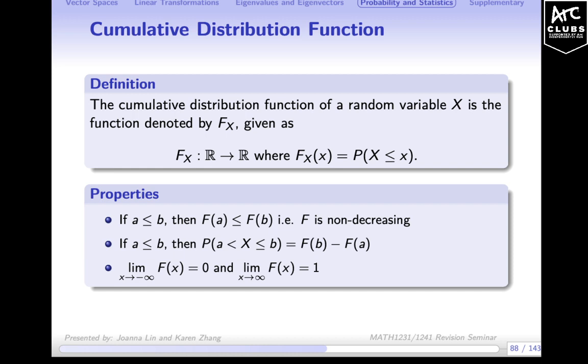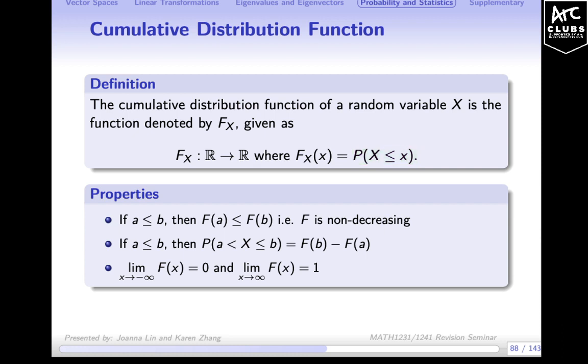It's the probability that your variable takes values less than or equal to x. Okay, essentially. Right, so just remember this formula here, and it should be good for cumulative distribution function.